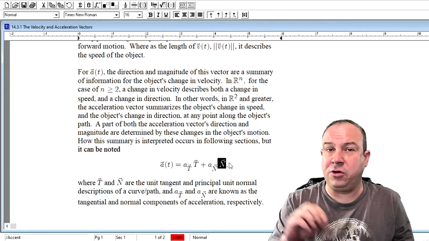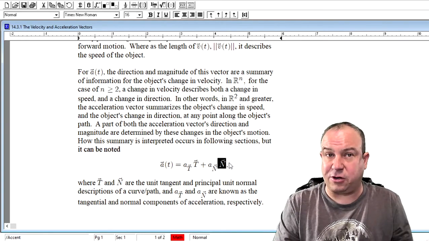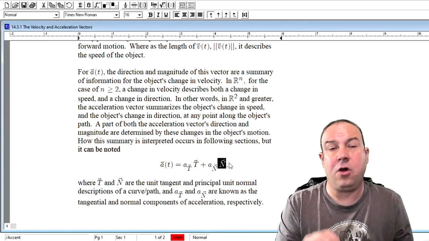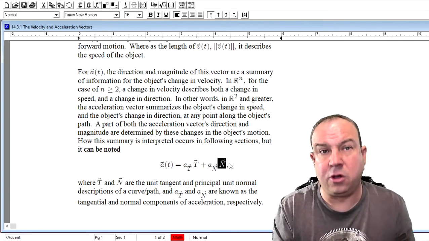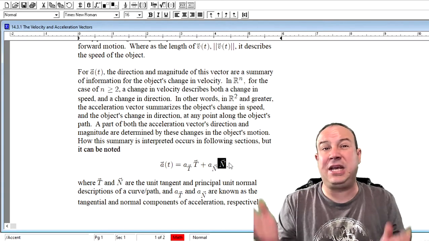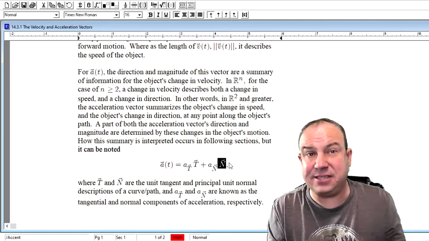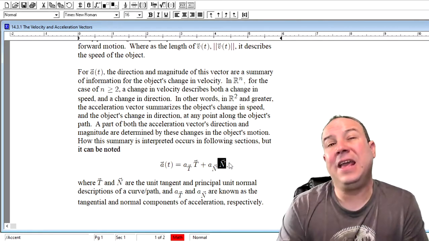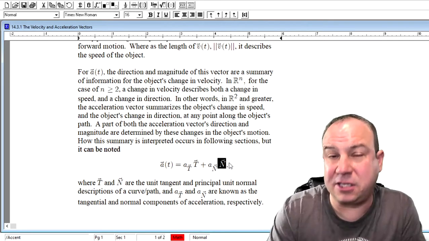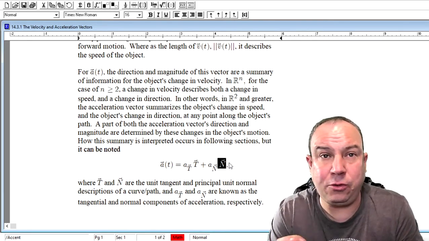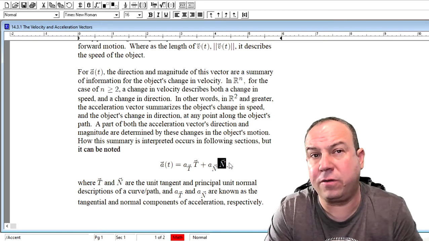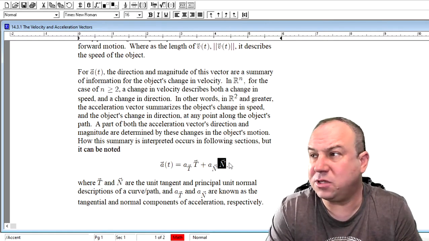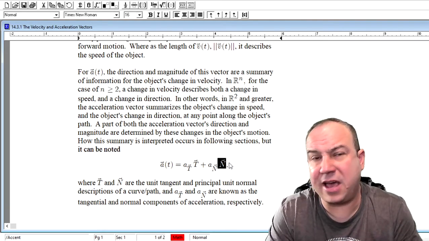The principal unit normal vector is a vector 1 unit in length that is orthogonal, or what we sometimes say is normal, or what we might interpret as being 90 degrees to the unit tangent vector, that actually points, because it's principal, into the curve, in the direction of the curve, 1 unit in length. That's what's known as the principal unit normal vector.